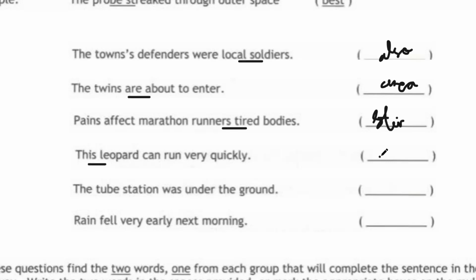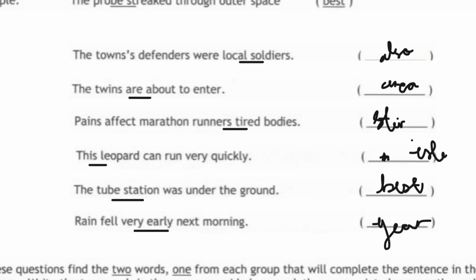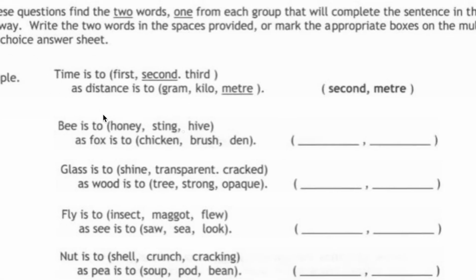That word's hard to spot because it's got that silent letters in it. Isle, like the Isle of Man. 37, we have best. 38, we have year. And those are the 4-letter words.